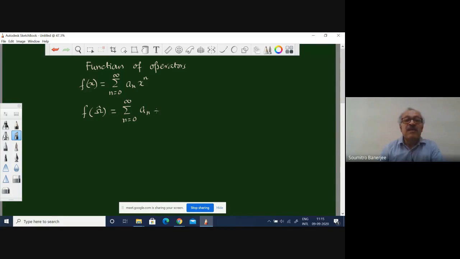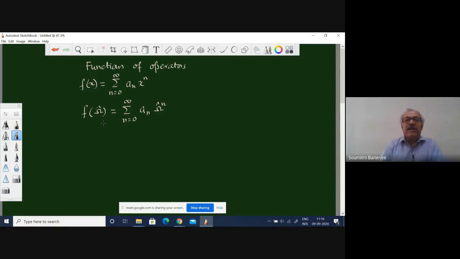Now this one is nothing but n times application of the operator on itself. Okay, so since they behave in the same way, various things you can do using operators that so far you were doing in terms of algebraic variables.